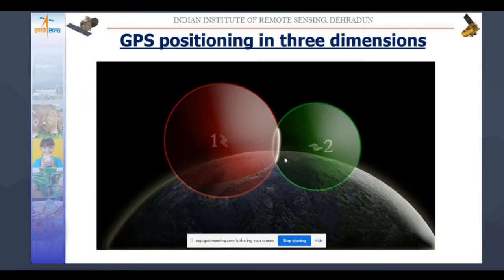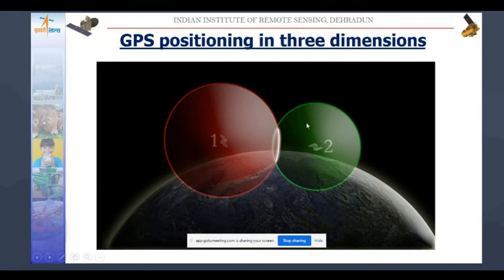The distance will be rho 2, and with this rho 2 we will create another sphere, which will cut the previous sphere at certain places. When two spheres intersect, we get one circle of information.